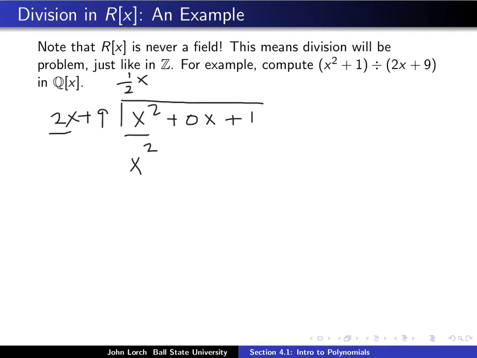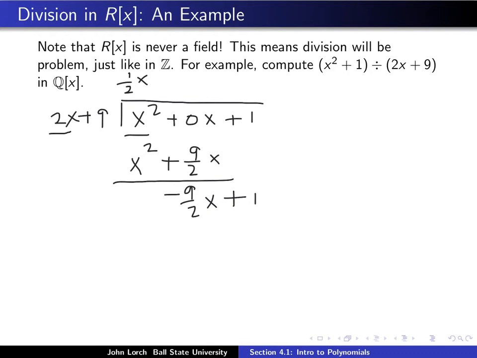And then if I take 1/2 x times 9, I get 9/2 x. And then you might remember that the next step is just to subtract. So the x squared terms go away. I get 0x minus 9/2 x, which is just minus 9/2 x. I drop down the 1.